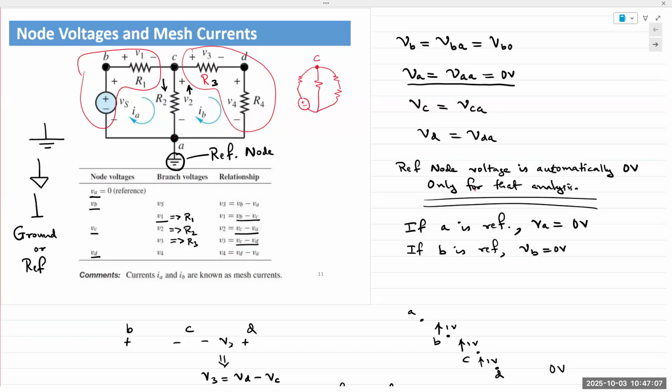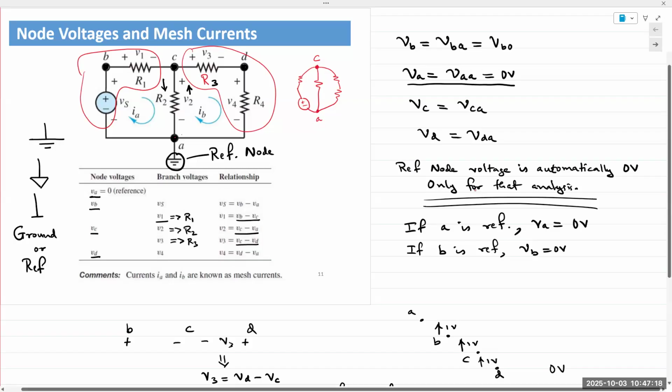From node C at the top to node A at the bottom, what do we see? We see that all of these are in parallel. The three branches are in parallel because they are all connected between A and C. And then between A and C, on the left, we have one loop. On the right, we have one loop.